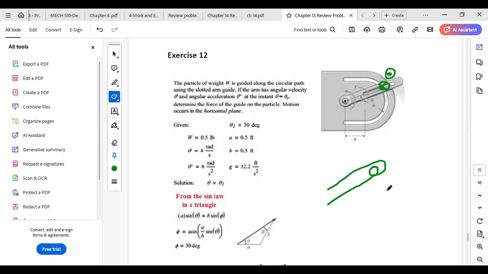So your rod will do on the particle a force perpendicular to contact. This is the contact line, which is the rod line. So you have the force F. If you want, I represented for you the slot of the rod. The rod will do on the ball through the slot a force perpendicular to contact.